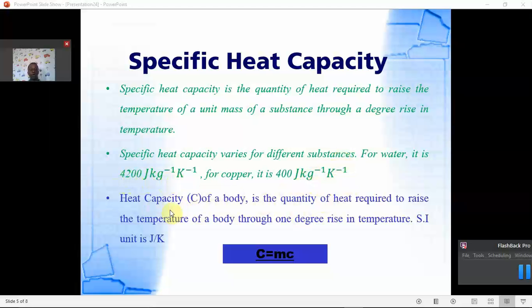And then we look at what we call heat capacity. Heat capacity is the quantity of heat required to raise the temperature of a body through 1 degree rise in temperature. And the formula is capital C, which is the heat capacity, equal to mass times c, where small c is referring to the specific heat capacity.